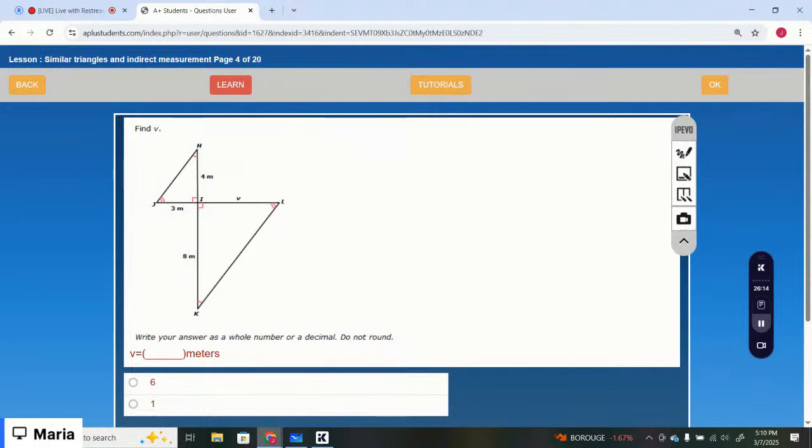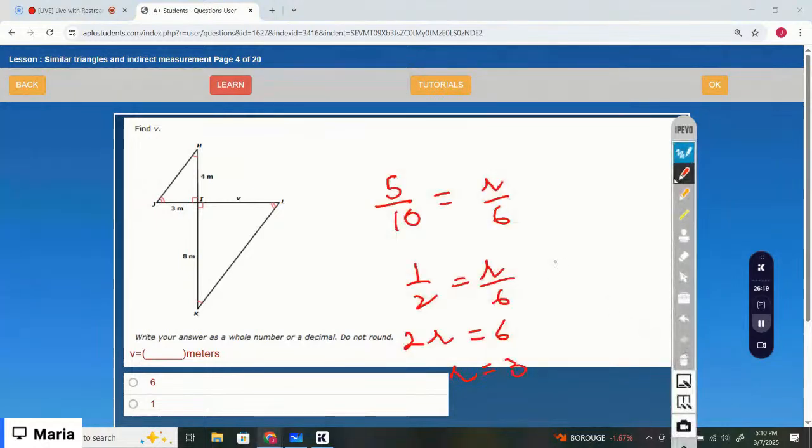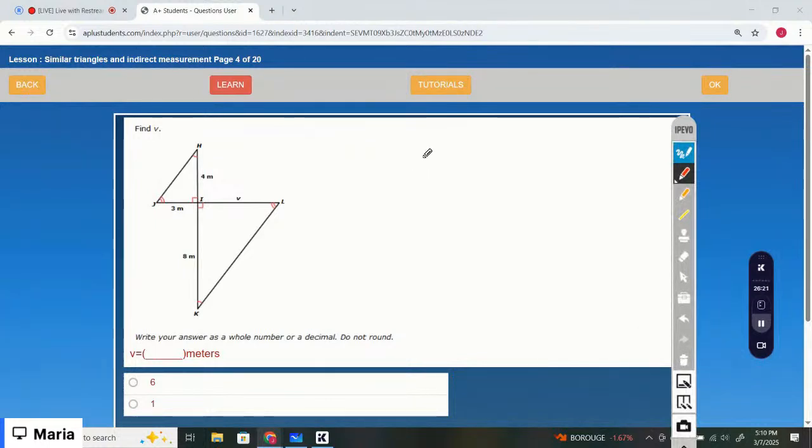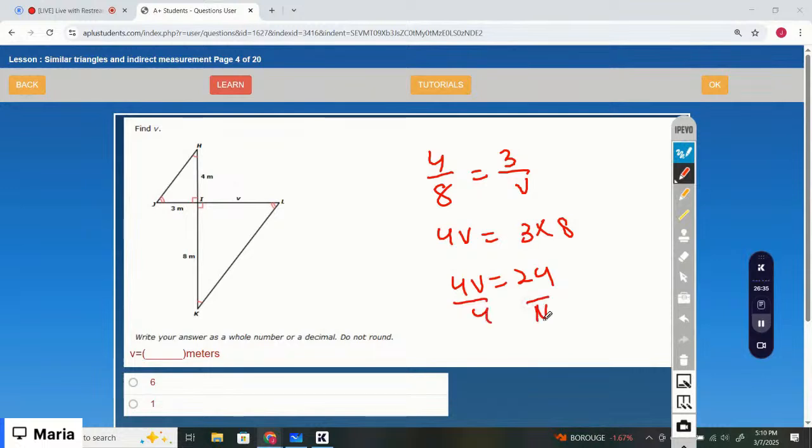Find V. That is 4 divided by 8 equals 3 divided by V. 4V equals 3 times 8. 4V equals 24. Divide by 4.